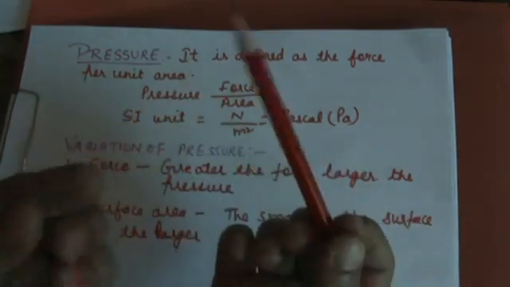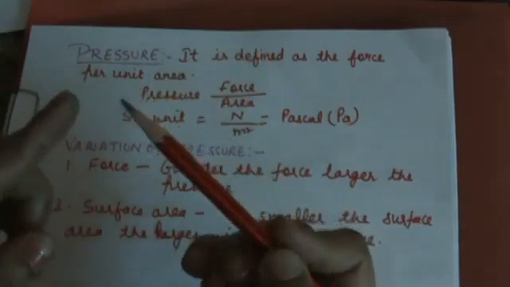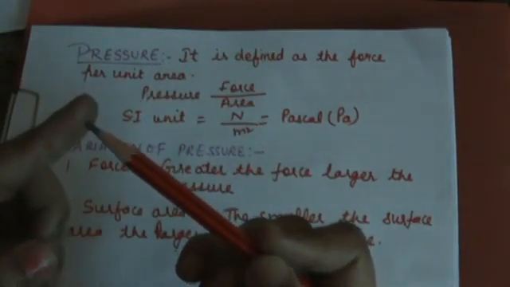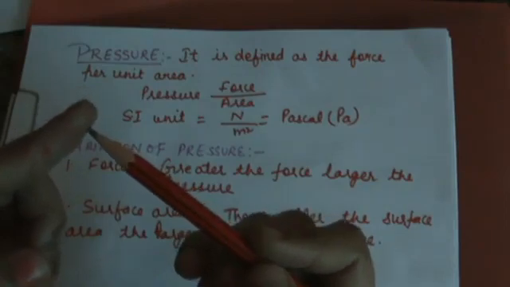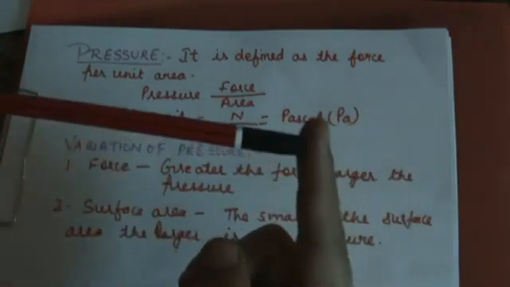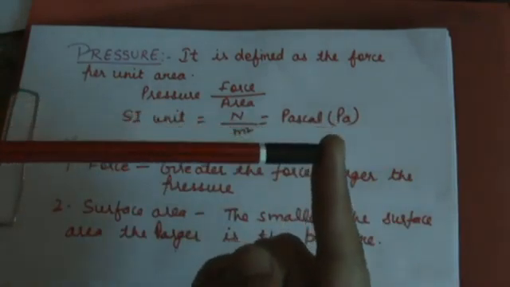I am feeling pain in this one. It means the force of contact applied by this finger is large and the area of contact is less. Here the area of contact is large.